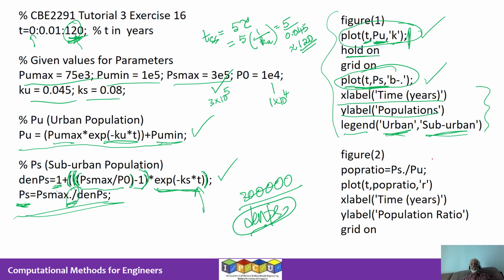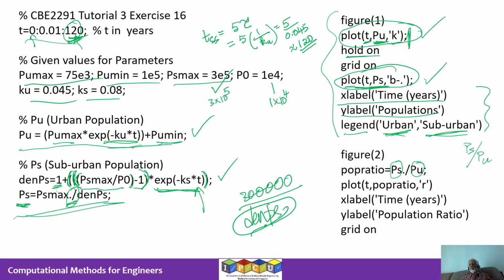I'm going to take every element of suburban population and divide it by the corresponding element of PU population. So population ratio at any time is the PS value divided by the corresponding PU value. That's the ratio, the suburban population to urban population at each point in time that I've computed those two populations. I've used the same T for both.